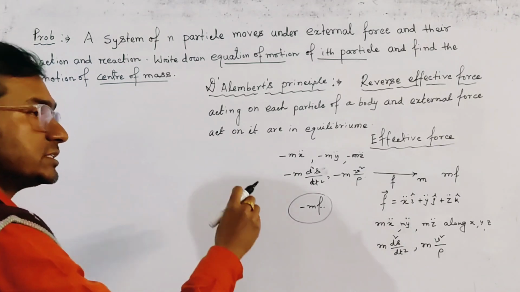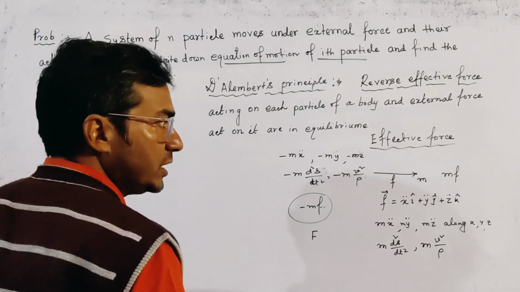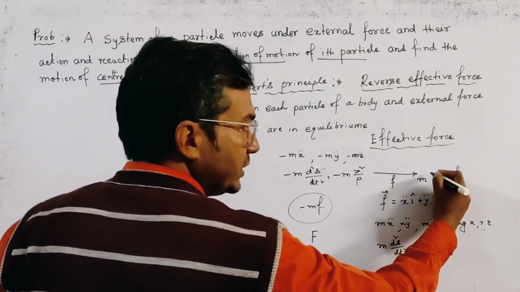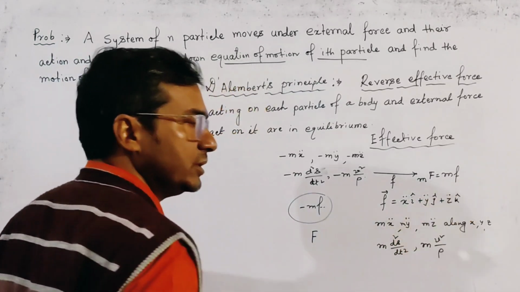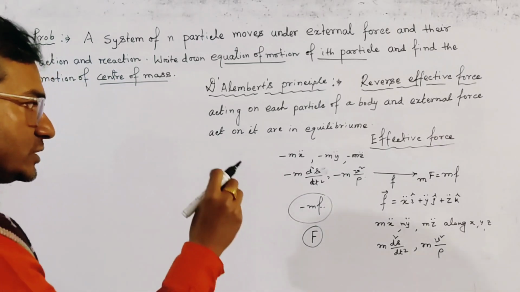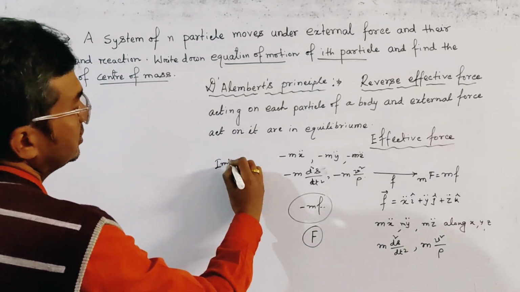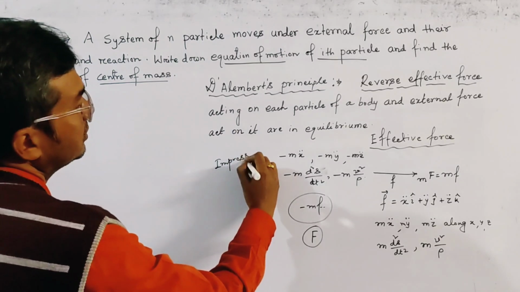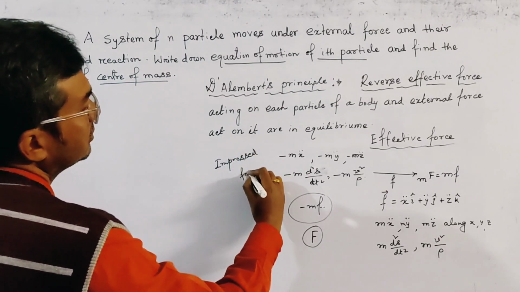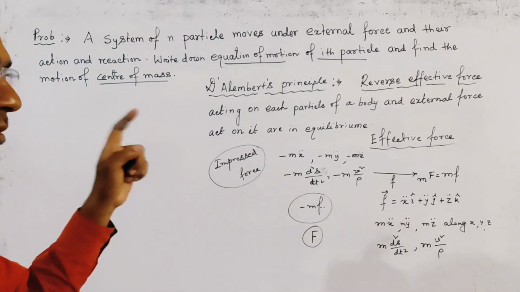Also, if capital F is the external force acting on the body, it is also said to be the impressed force. This term is also very important for this topic.